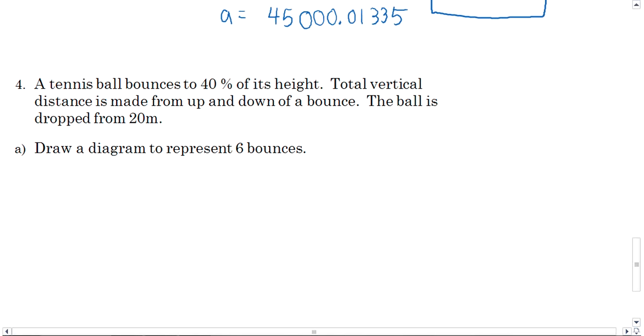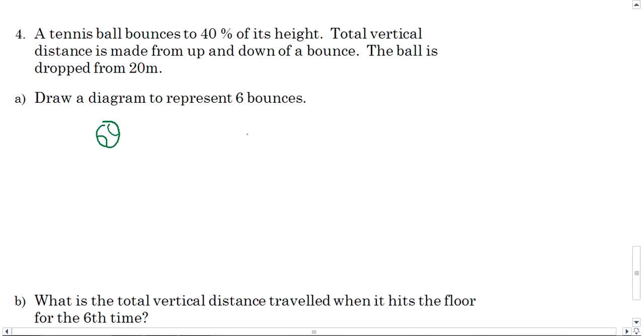Okay, so let's draw a tennis ball, I guess. It's a tennis ball, isn't it? And so it initially starts off up here. Okay, so it starts right there, and it's at a height of 20 meters. Then it goes like this. Goes up 40%. Let's try to keep track of everything here.